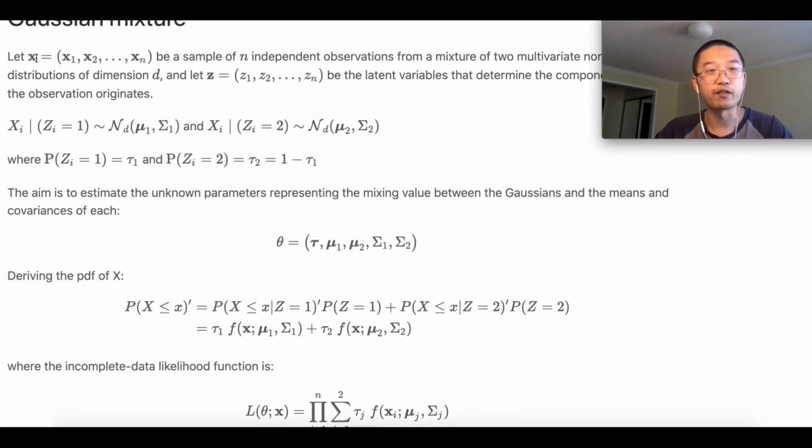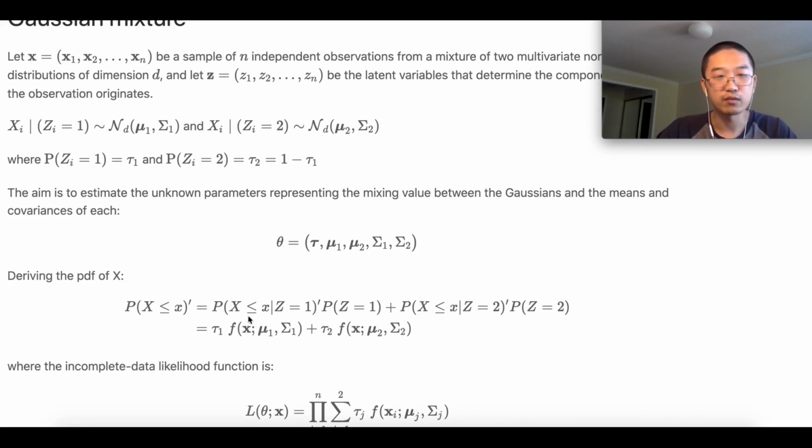So what is the PDF of x? Now the PDF of x can be calculated easily by taking the derivative of the cumulative distribution function. So the probability of X less than or equal to x is actually equal to, based on the Bayesian rule, the conditional probability of X less than or equal to x given z equal to 1, times the probability of z equal to 1, plus the same given z equal to 2, times the probability of z equal to 2.